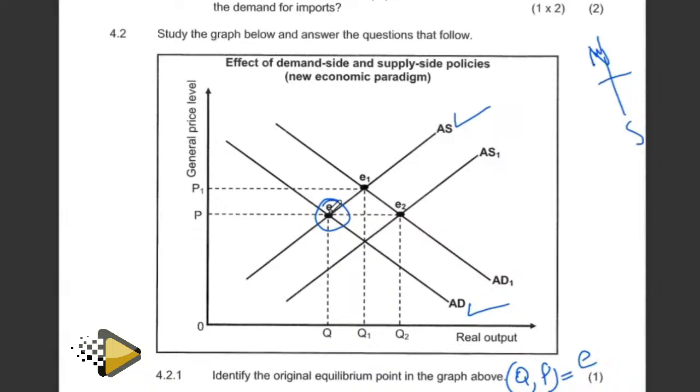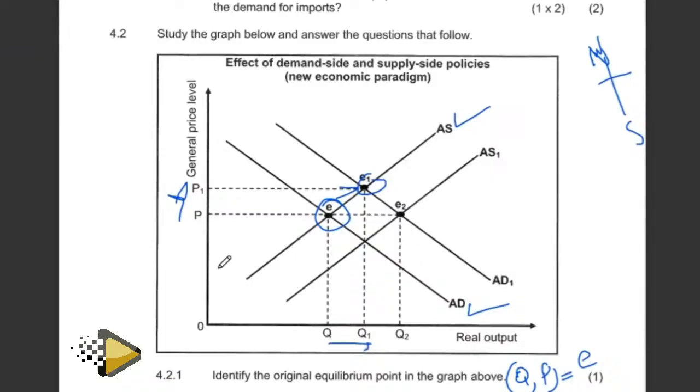So now if there is an increase on the demand side and supply side approach, that influenced prices to shift from P to P1, and also that forced our quantity to shift from Q to Q1, making the equilibrium move from E to E1.